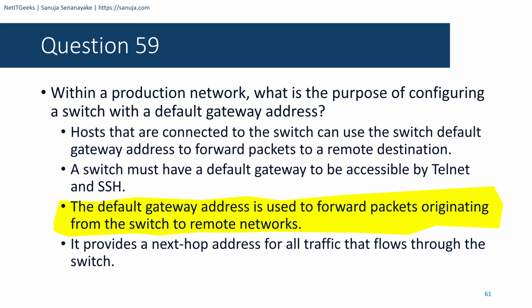So for PCs connected to it, it doesn't provide layer 3 routing, but it still allows the switch to use the default gateway address to forward packets it originates to a remote network. That's why that answer is incorrect. The top answer is incorrect because switches don't do layer 3 unless it is a layer 3 switch, and in that case the question has to specifically say layer 3 switch. So we had to pick this answer. That's the answer.